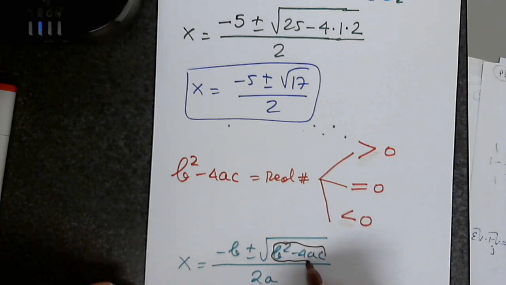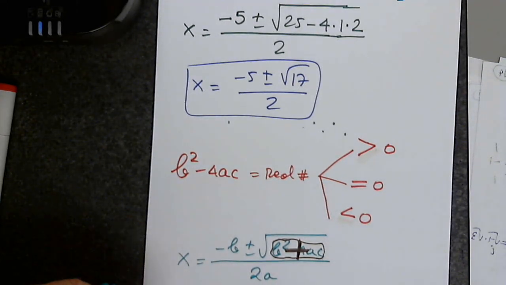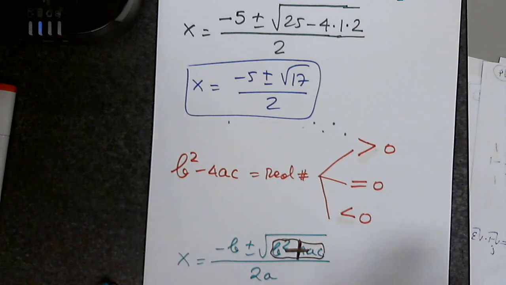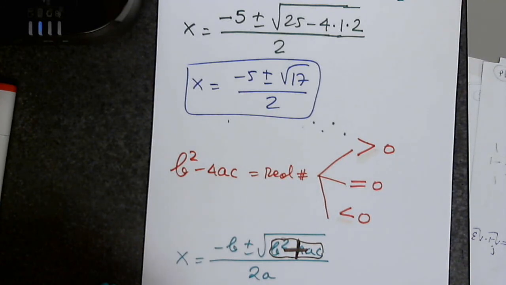So if this quantity is a positive number, how many solutions will I find? Just imagine that we have 4. So how many solutions will I get? 2. What type of solutions? If this is a positive number and I take the square root from 4, what type of solutions? Definitely 2.